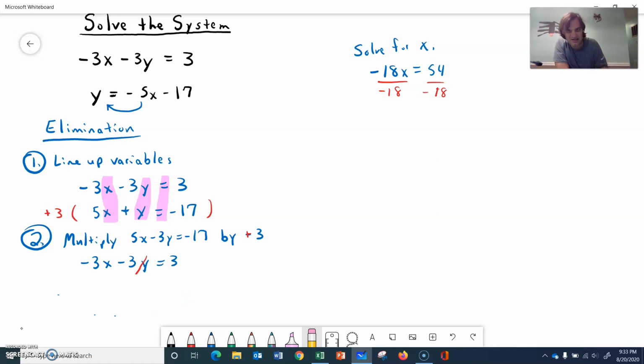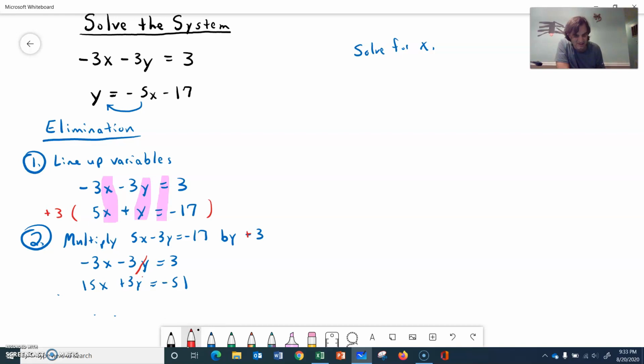Sometimes when you make a mistake, you need a moment to kind of go through everything and find it. So let's see here. When I multiply 5x plus y equals negative 17 by positive 3, I'm going to get 15x plus 3y equals negative 51.